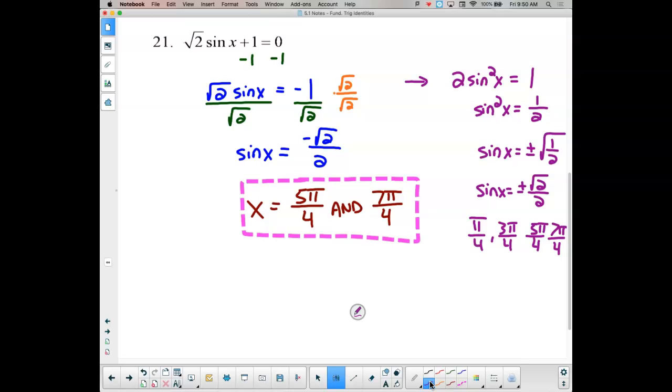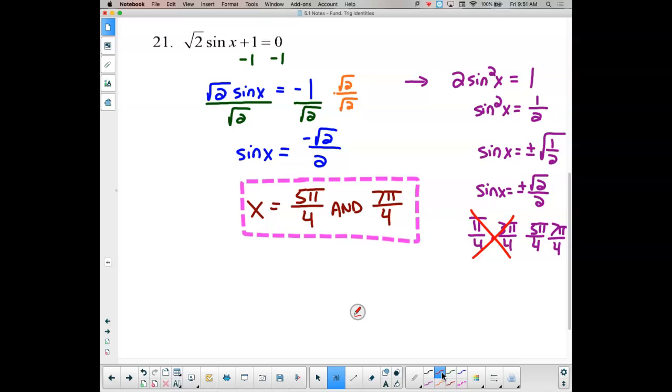Yes, because I only want 2 of them. So what if you found those and then went back to the restriction? Then you'd have to go back to the original problem and see if they work or not. And these 2 would have been kicked out. Then you would have gotten it.